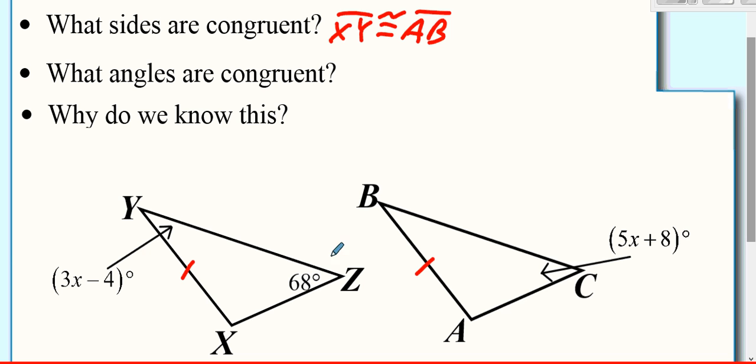Then we move on to the next side, YZ. YZ is congruent over here. We started with Y and went to Z, so we got to start with B and go to C. And then the third side, XZ.